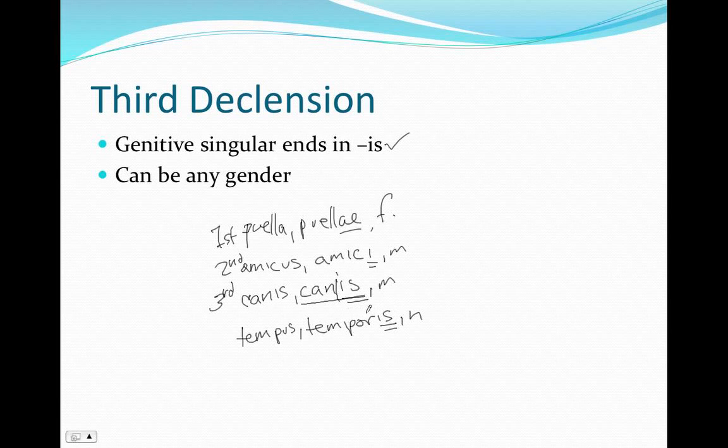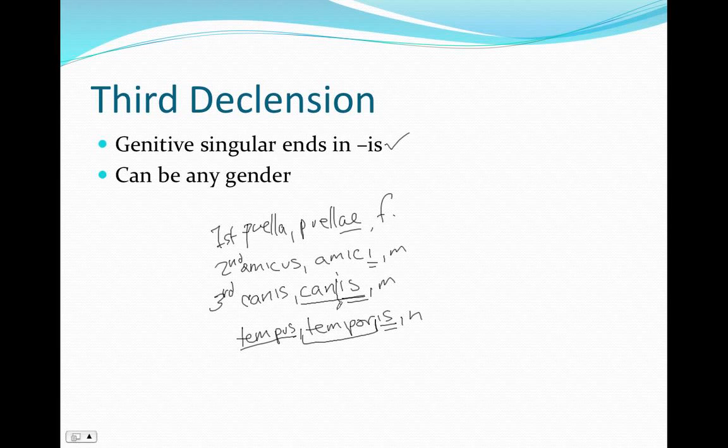The is tells us it's third declension, but this second principal part also tells us that the stem onto which you're going to add the endings is tempor, quite a bit different from the nominative singular, tempus. So pay attention to that second principal part. It will tell you what nouns belong to the third declension and what the stem is going to be.